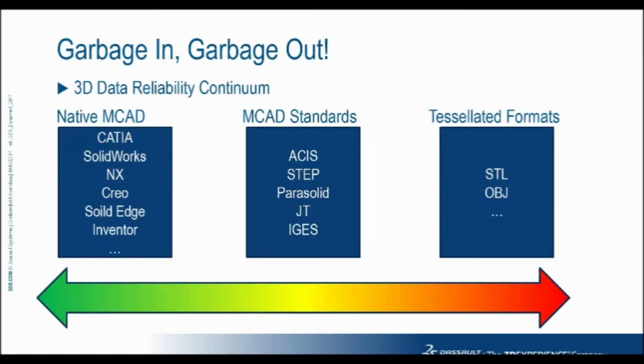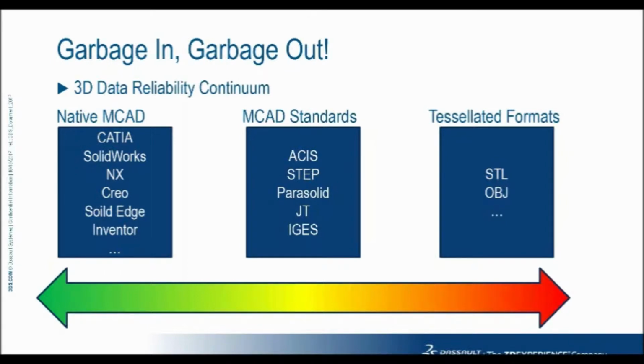And there's almost always some kind of translation or simplification of the data that happens when moving from the native format into these standard formats. But you can still get good, reliable data out of the standard formats depending on the author. Often, the data is not that good because the authoring is not so good. None of these formats are inherently deficient, but the quality of the authoring really varies quite a lot in the industry.